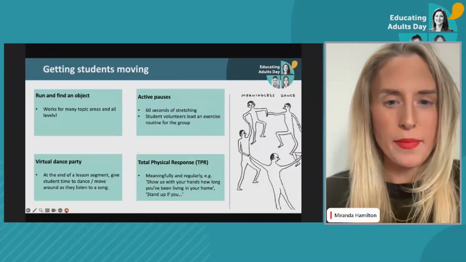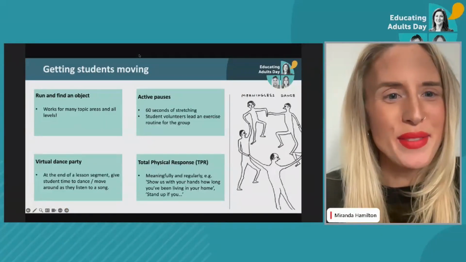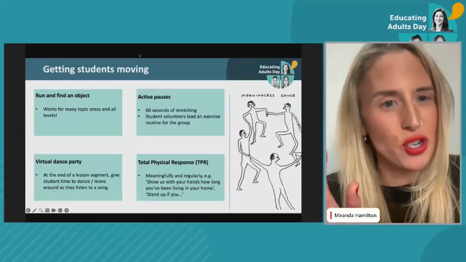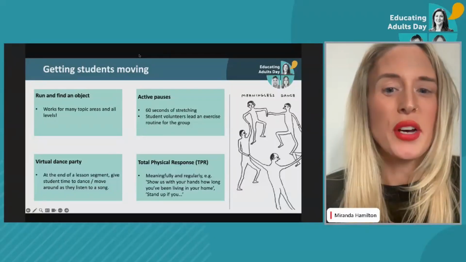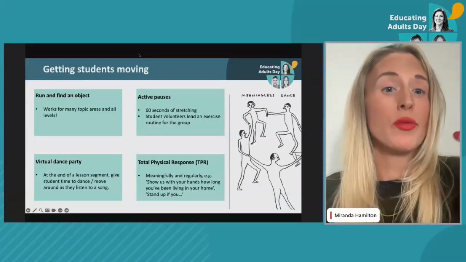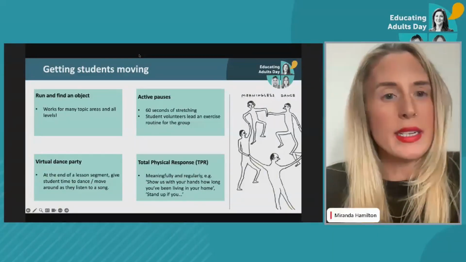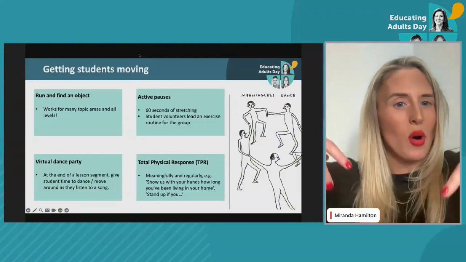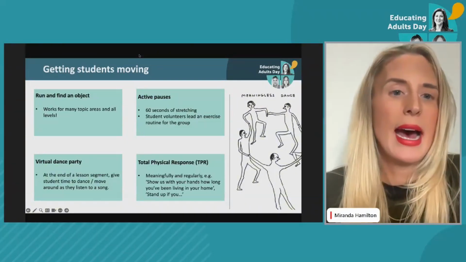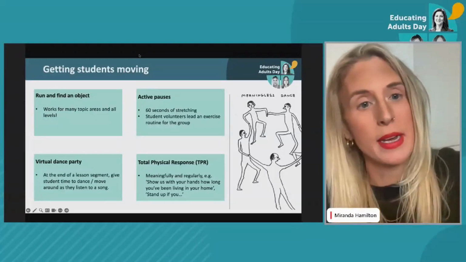And one more idea, total physical response. You've probably heard of this, and if you teach young learners, I'm sure you do it a lot. Total physical response, of course, being giving commands or getting students to move based on meaningful input. For example, it can be something really simple. You can get all of your students to stand up, and you could focus on a particular language area like the past simple.